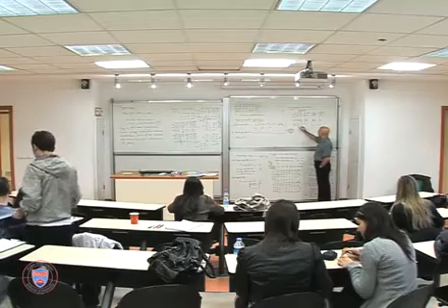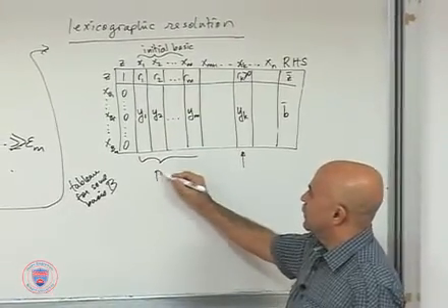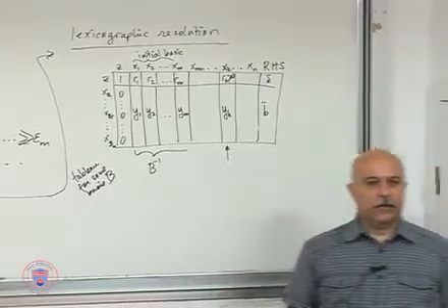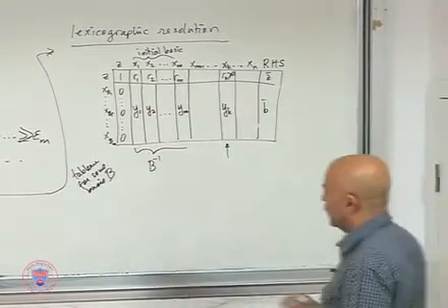If you look at these columns here, these are the columns of the current basis inverse. Why is that the situation?